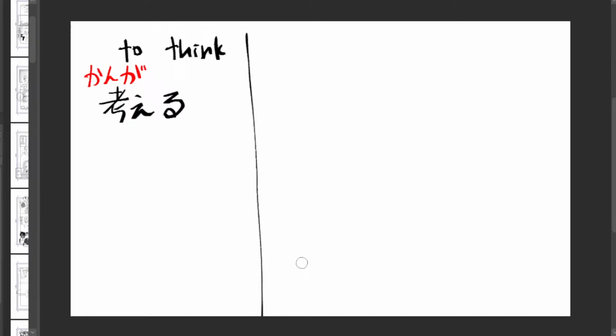To think: 考える. It's not a kangaroo. 考える, which means to think. And to say I can think, or I can't think.